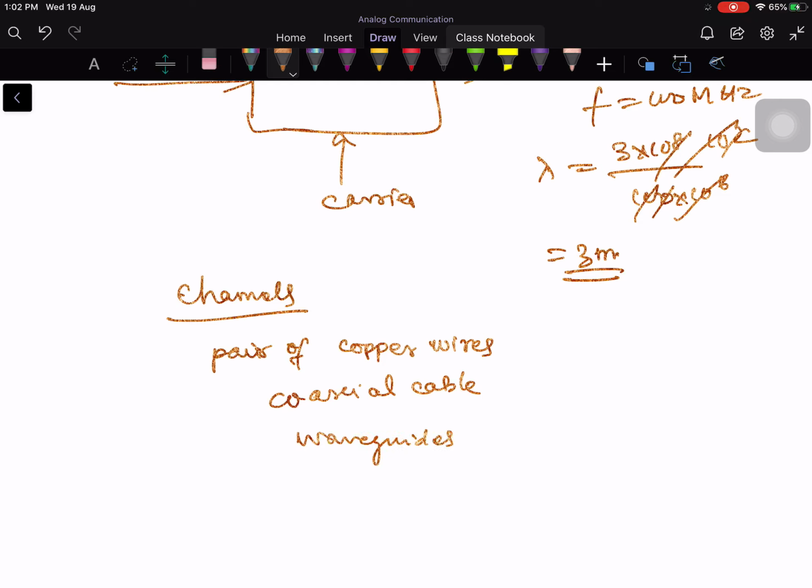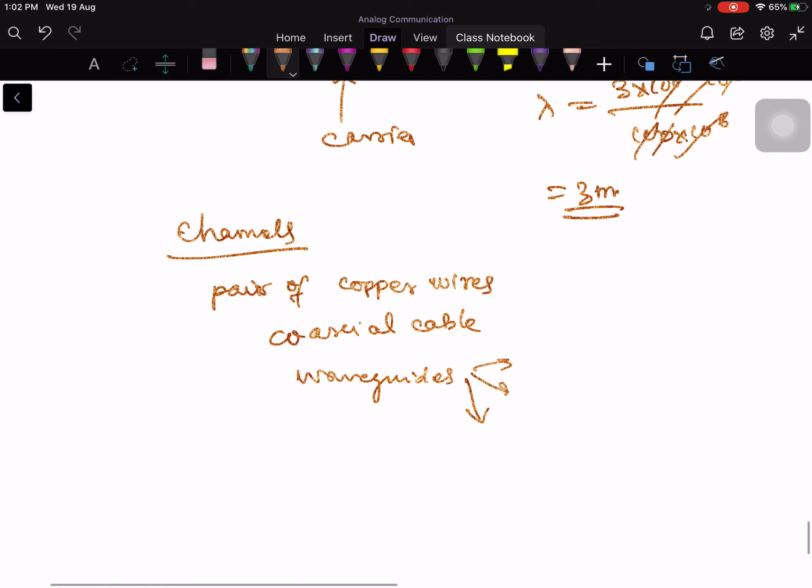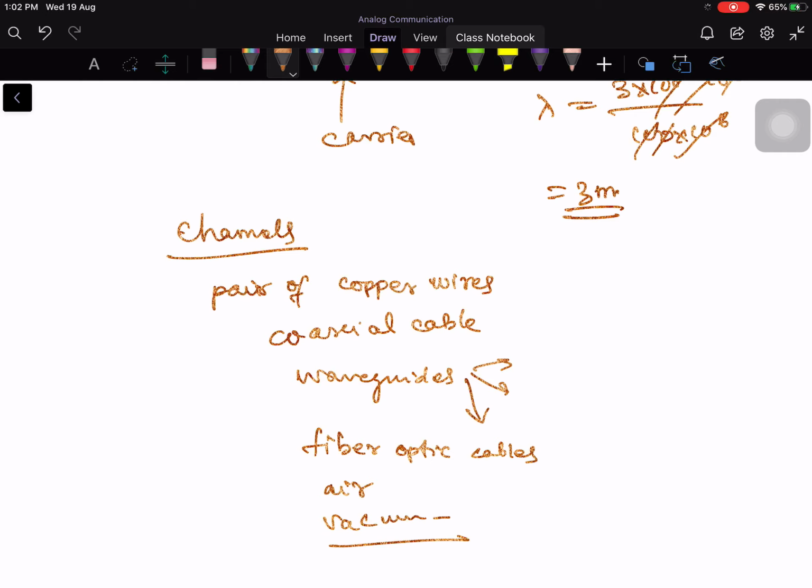Among the waveguides you have rectangular waveguide, circular waveguide, then elliptical waveguides. There are many types. Then fiber optic cable, then air and vacuum. These are all different channels through which the transmitter transmits the modulated signal.